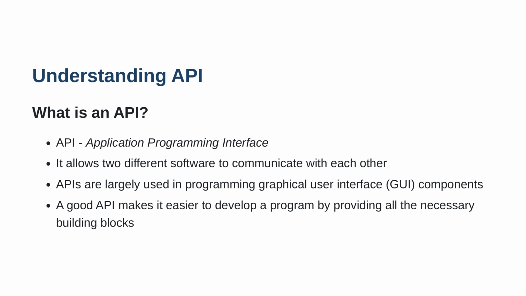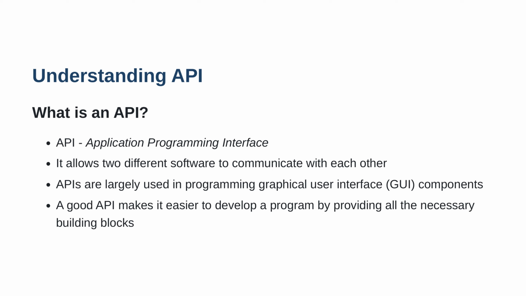APIs hold immense importance, particularly in programming graphical user interface or GUI components. For those unfamiliar with the term GUI components, they are the elements that enable users to interact with digital platforms, be it buttons you click on a web page or swipe actions on your mobile screen.